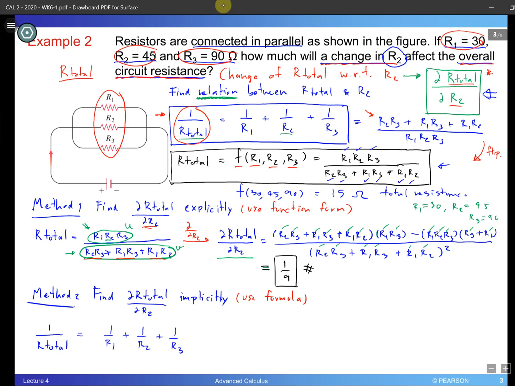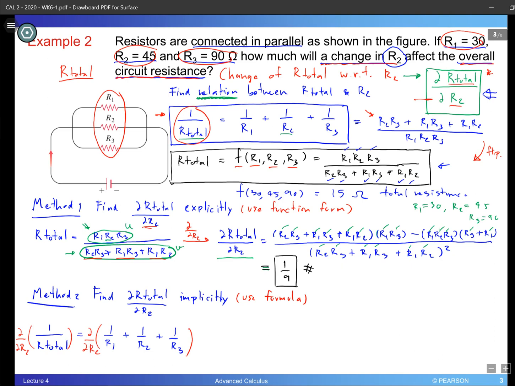And we are going to perform the partial differentiation implicitly to both sides of the equation. We have done this before. I know you can do this. You can diff this with respect to R2. Of course, we want to know this change with respect to R2, and we are going to do the same on the right hand side of this equation.